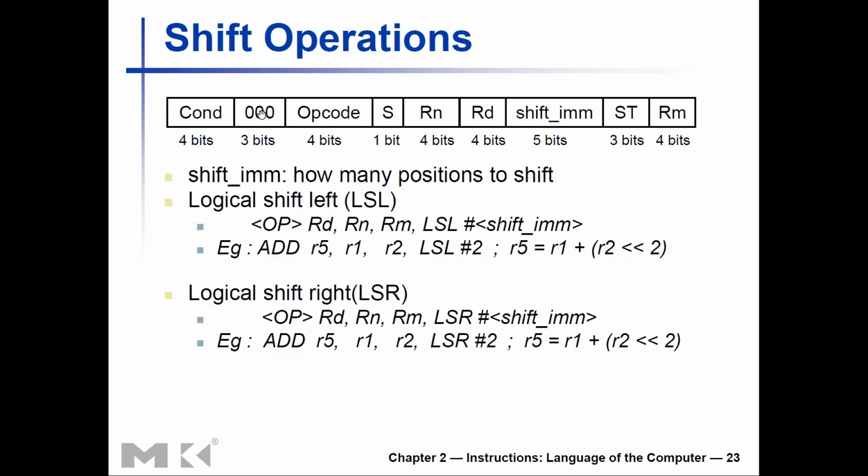You can see it's 0, because this is still a data processing instruction. And the opcode you have, and then the next bit we put to 0 in a hard coded way, and the set bit. Those things are similar to what we saw in data processing.